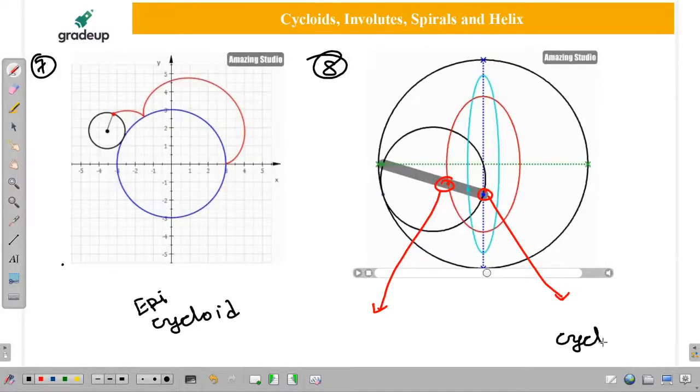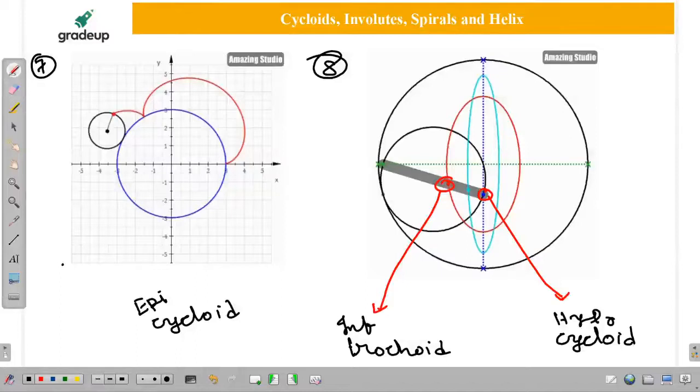Therefore, cycloid. But rolls inside, it is hypo. Whereas red, it is a trochoid. But inside, therefore, inferior hypotrochoid. Is it clear to all of you, my dear friends?